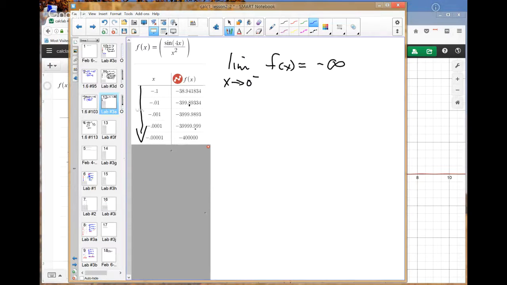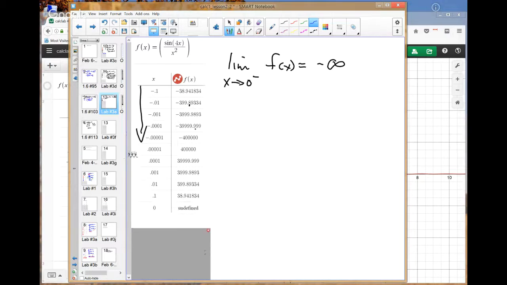And then what happens, you already saw it on the graph, what happens when you approach 0 from the right? As the values come up, you can see that the right-hand limit, as x approaches 0 from the right, is now firing upward at incredible rates. We're at what, 400,000 here? So now it's heading for positive infinity.